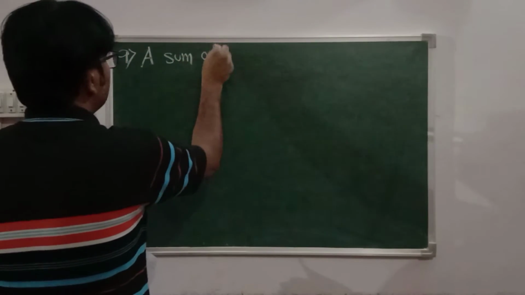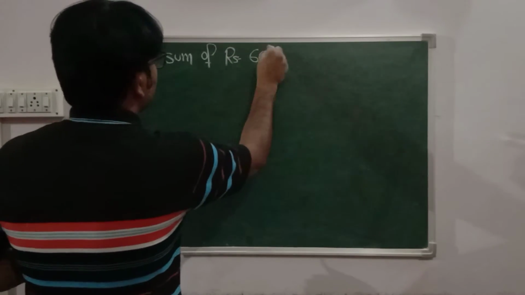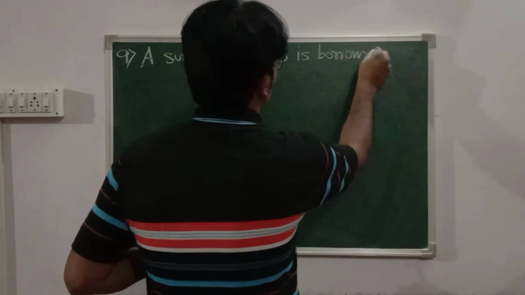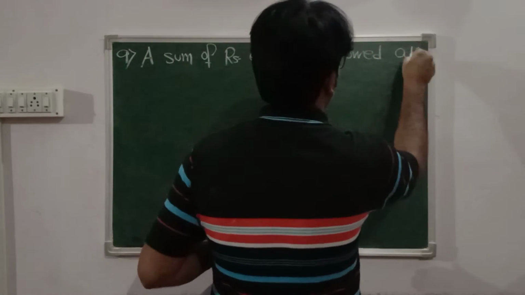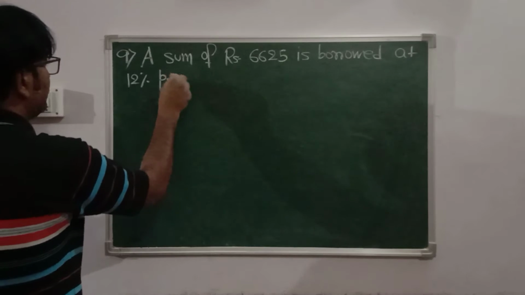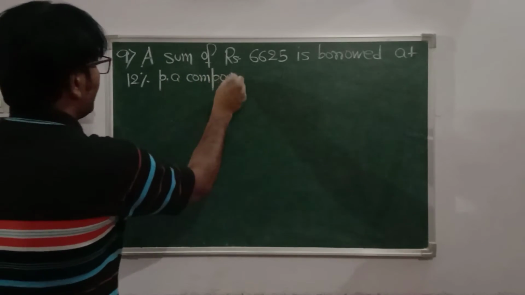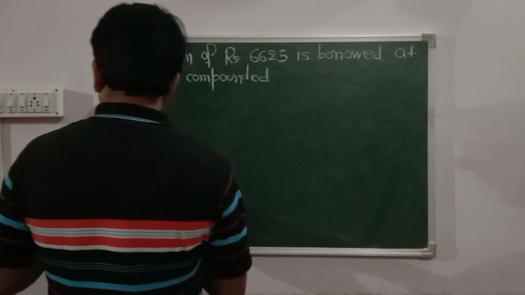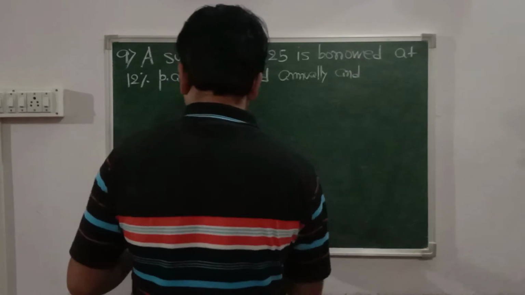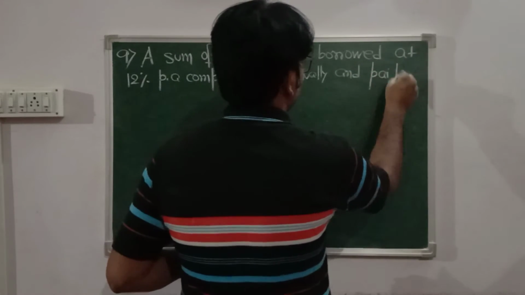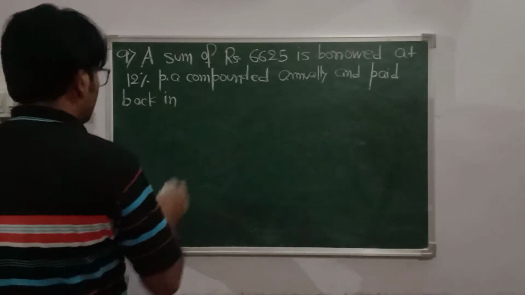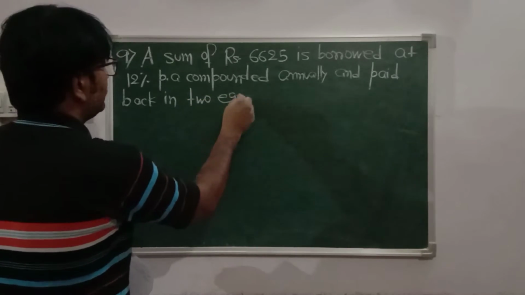A sum of rupees 6625 is borrowed at 12% per annum, compounded annually, and paid back in 2 equal installments.